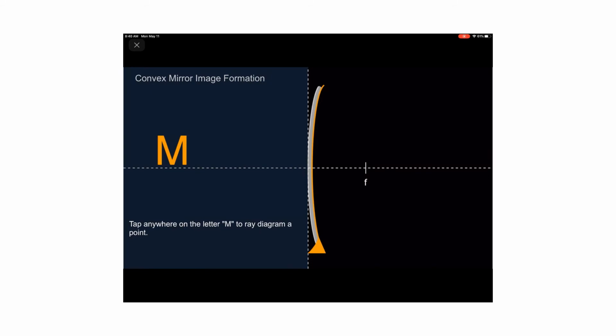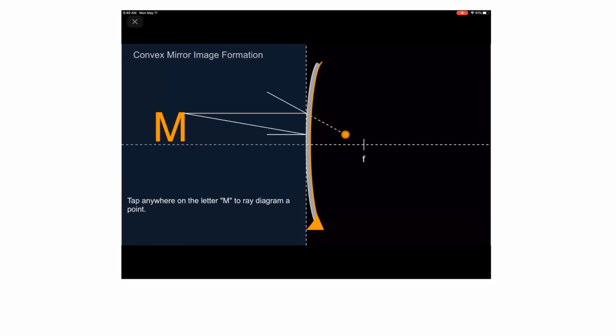Now as we change to the convex mirror, if we were to put our eyeball right where that letter M is, you'll notice it's beyond where 2F would be. Then as soon as we start making the light rays from each part of that, in this case it's showing the letter M instead of our eyeball, but what we would end up seeing would be an image that is behind the mirror.